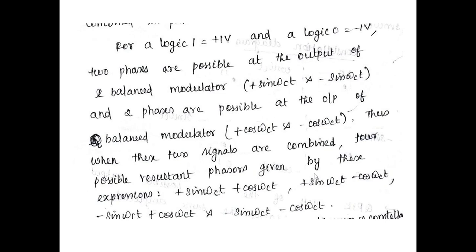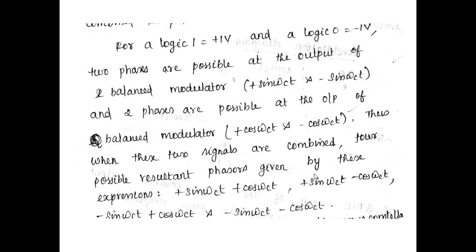So for logic 1 as plus 1 volt and logic 0 as minus 1 volt, two phases are possible at the output of the in-phase balanced modulator, either plus sin ωct or minus sin ωct. Similarly, two phases are possible at the quadrature side, plus cos ωct and minus cos ωct.